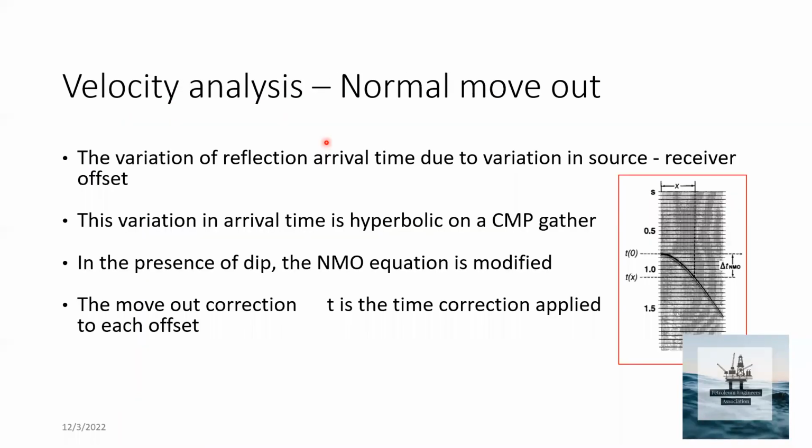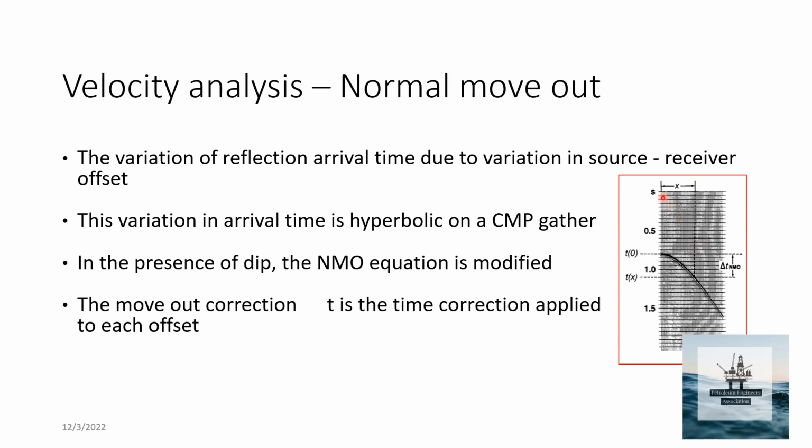As you can see here, we have the shot and the receiver here, and the distance between them is called the offset. Here we have different recorded traces. This is one trace, and this is the second, third, fourth, and as the offset increases, or as you get farther from the source, you acquire more record time because the distance increased.